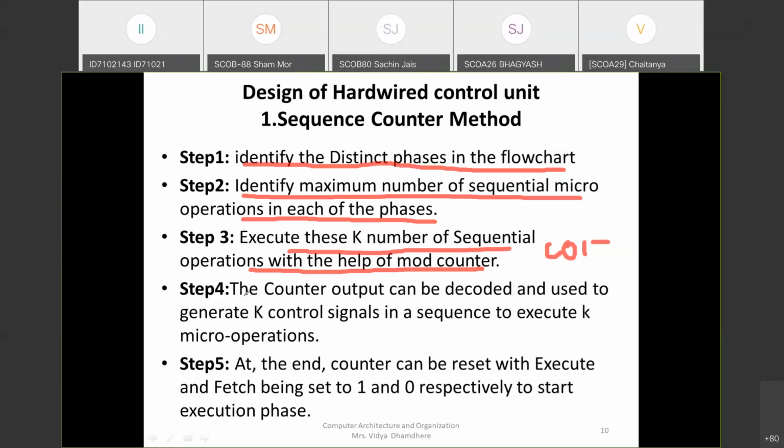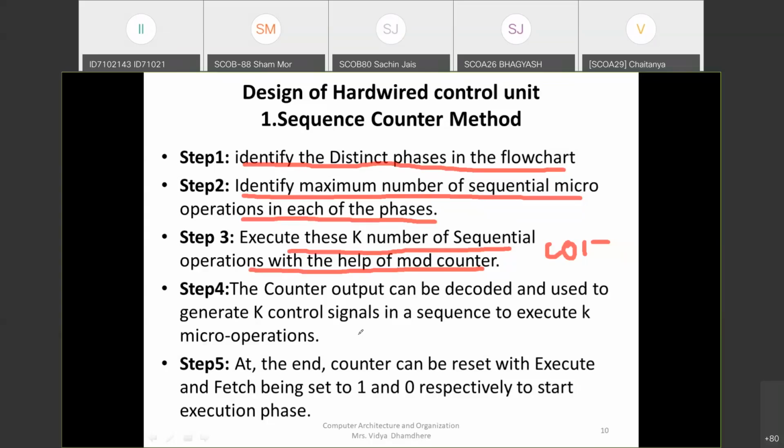After that, the counter output can be decoded and used to generate the k control signals in a sequence to execute the k micro instructions. After each counter output we generate the execution step, that is, f is equal to 0 and e is equal to 1.